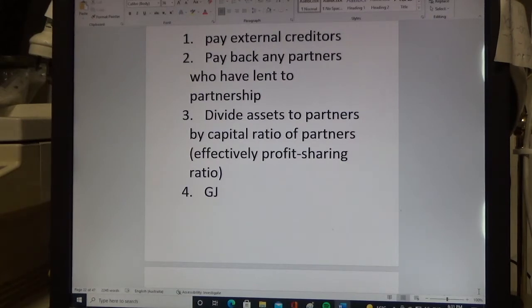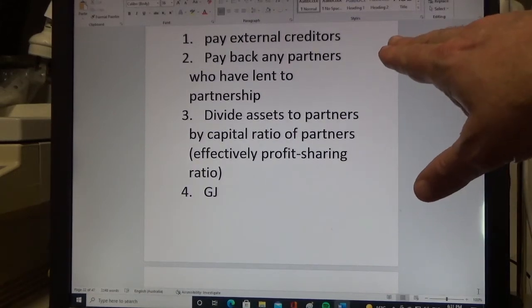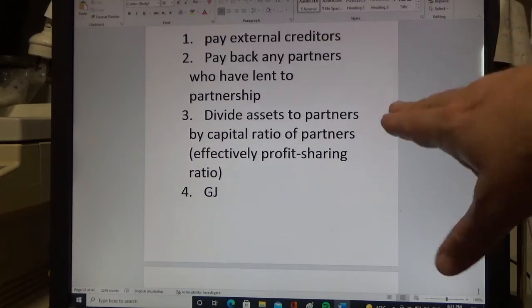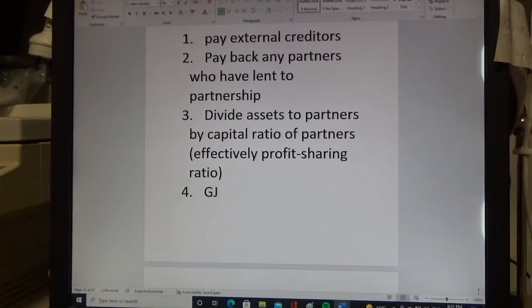And just the same as liquidation in companies, you've got to pay your external creditors, pay any loans, liabilities, finalise that, settle that. And then in the liquidation, just like partnerships, you can start selling your assets, dividing up the business, finding profitable parts of the business, maybe keeping that.